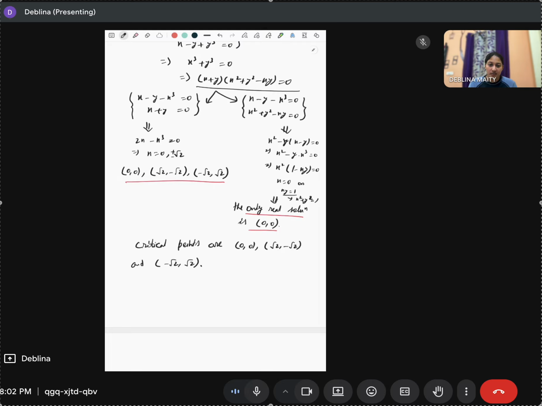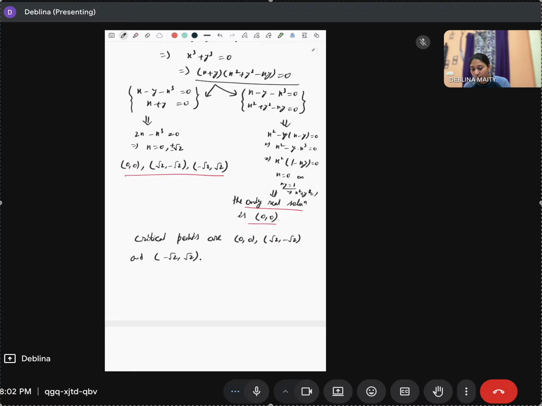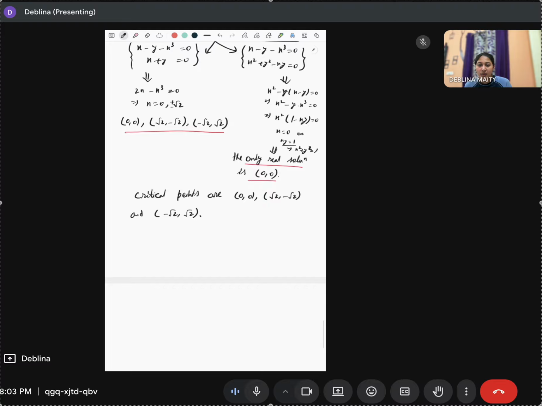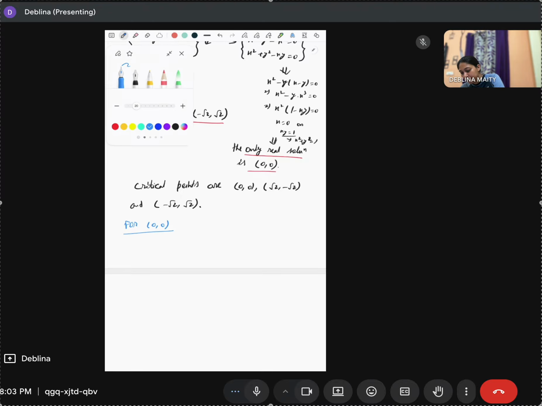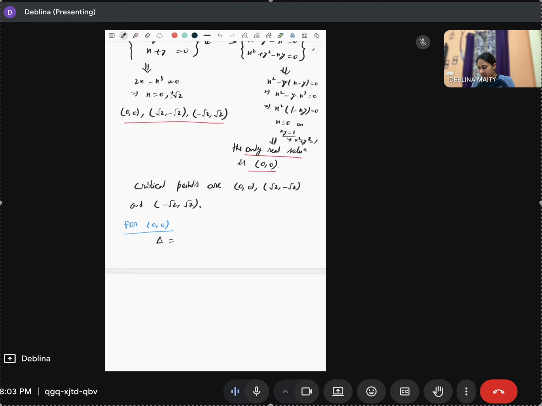These 3 points. Now you have to check whether these points are local maxima or minima. So first, let's check for 0 0. For this point 0 0, we have to find delta, right?